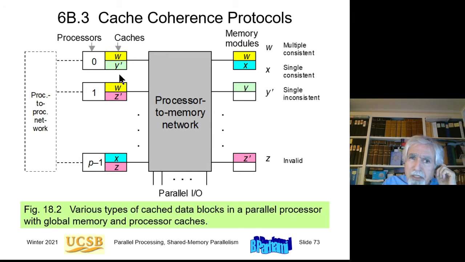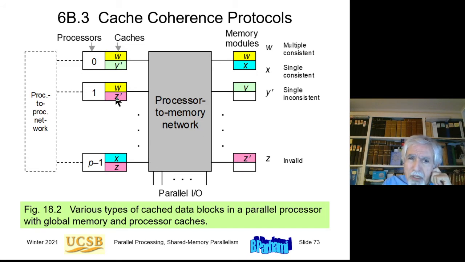Y has 1 copy, but the copy is inconsistent with the copy in memory. And Z has 2 copies. And of these 2 copies, one of them is inconsistent with memory, the other one is consistent.